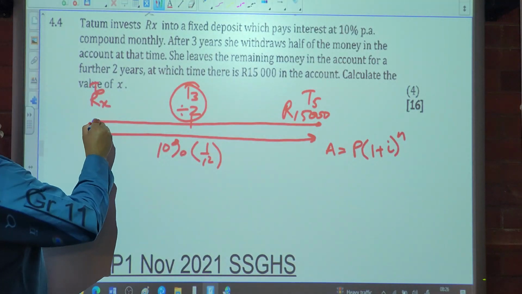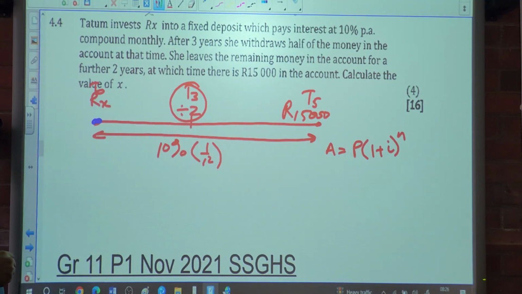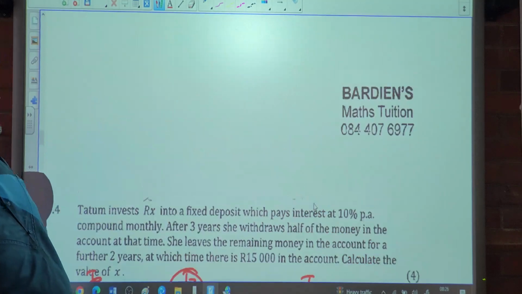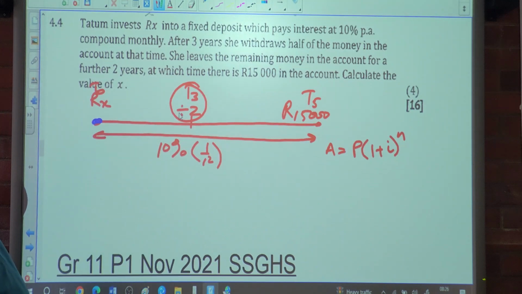Alright, so let's go here. It's going to be difficult to apply the method which I used here, because we don't know how much is in the account at that point to the end.